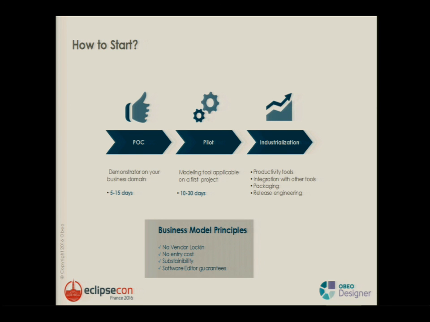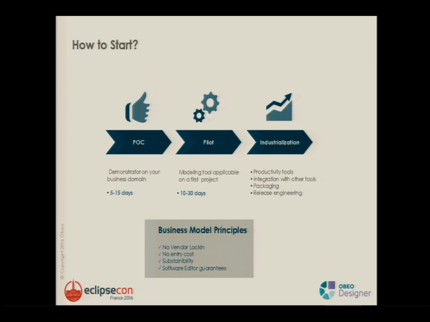So how do we start? In general, we start with a proof of concept project. We go directly to the point as fast as possible to show something that seems near the end result for the user.